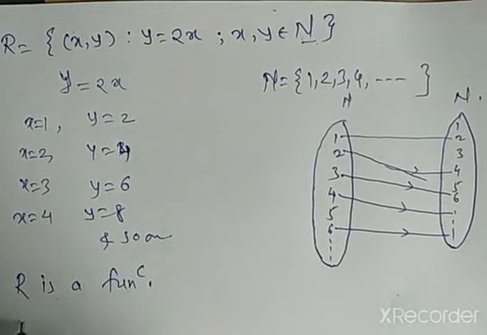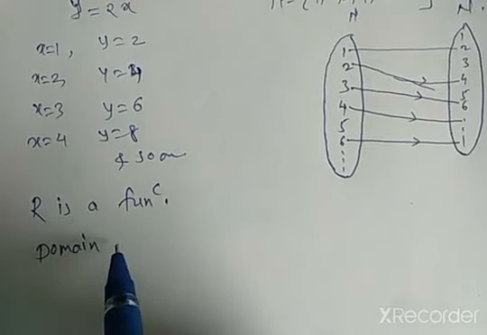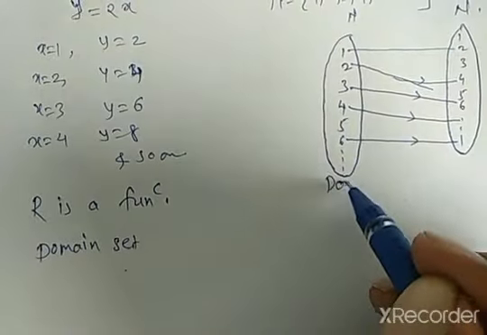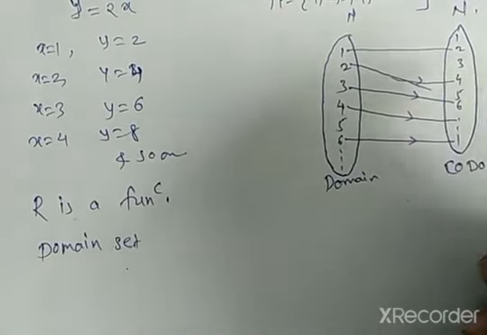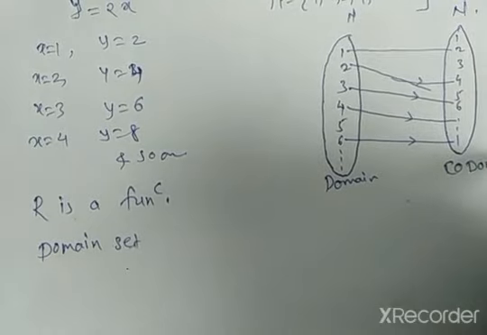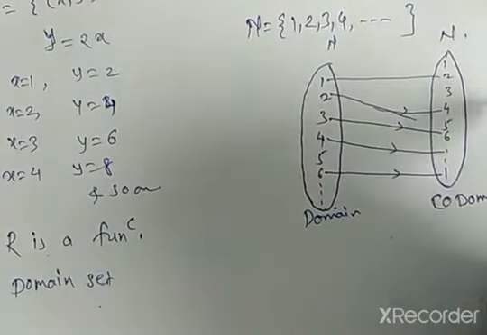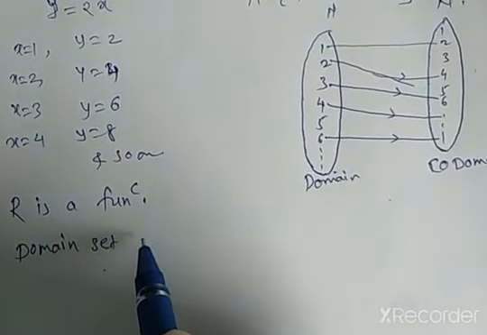Now for its domain, we have to find the elements that have images in the codomain. Every element of the domain set has an image in the codomain.